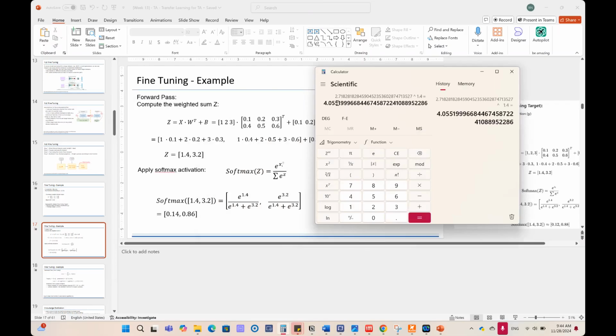Okay, 4.05 divided by 4.05 plus, this is the same, e power 1.4 is 4.055, just 4.05 plus e power 3.2.